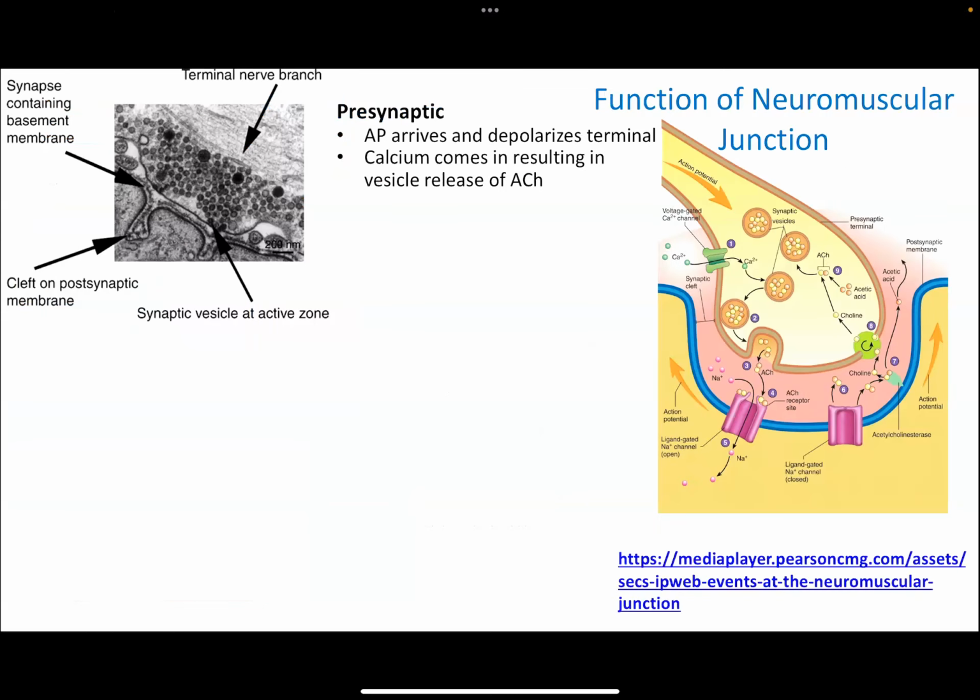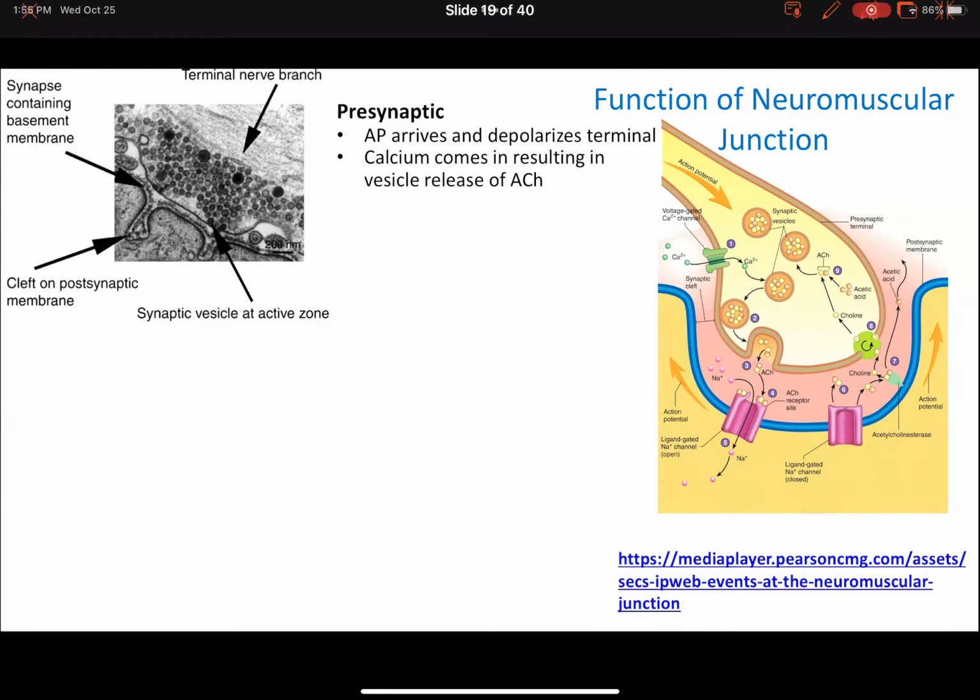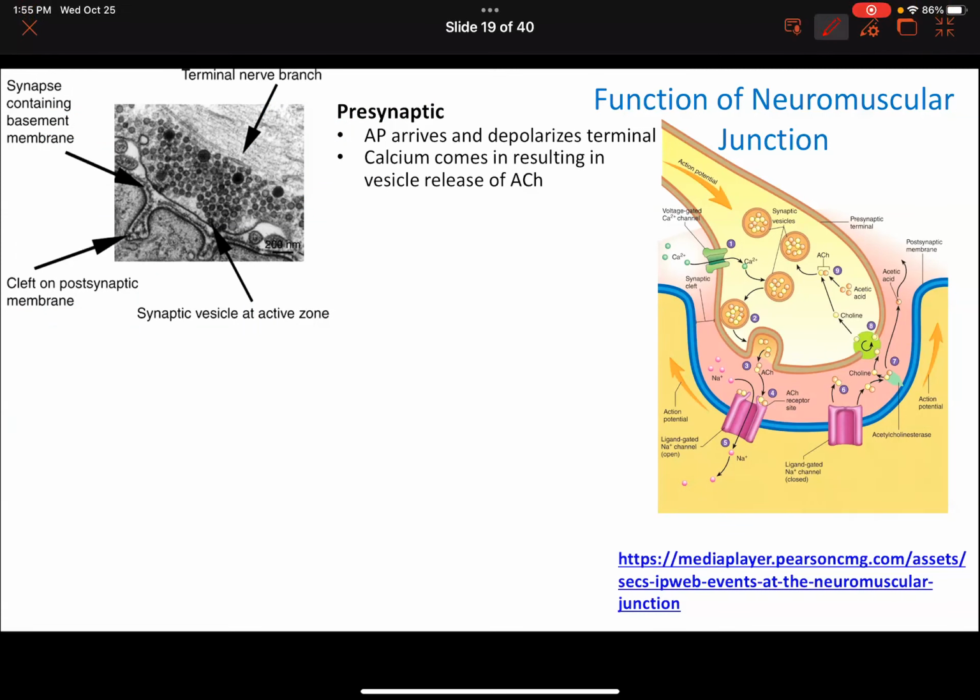First, let's take each of these parts of the synapse in turn and just review what happens at each. Here we have on the left an electron micrograph of a synapse with a postsynaptic membrane. When we use terms like presynaptic, postsynaptic, we're talking in relationship to the synapse.